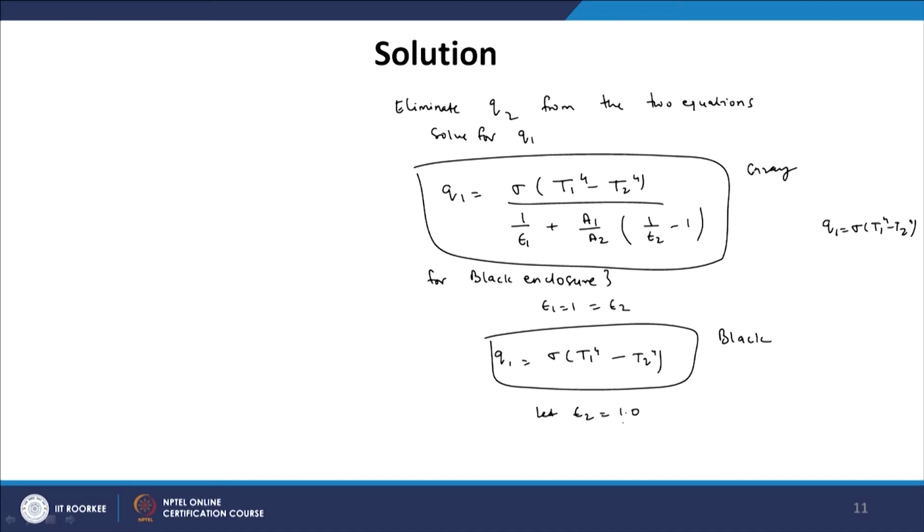So, that the second term is 0, okay, and let us say epsilon 1 is equal to, let us say 0.2. Okay. So, we get q1 is equal to 0.2 sigma (T1^4 minus T2^4). So, this has reduced the heat flux from the surface 1. Okay. Similarly, we can put epsilon 1 as 1 and take a value of epsilon 2 and find out what is going to be the effect on heat flux.